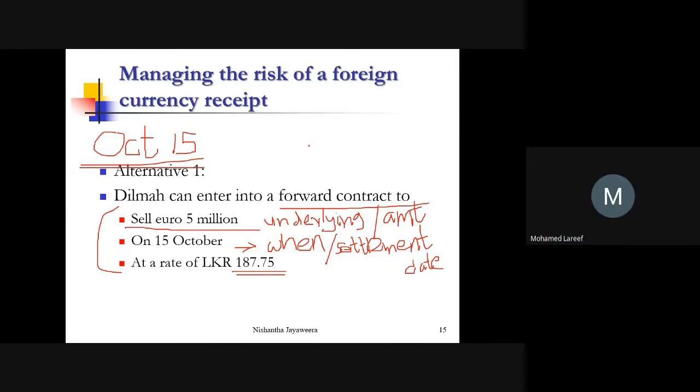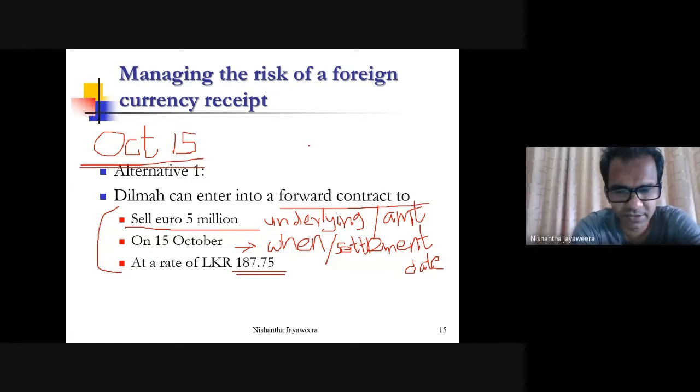So sell the euro and get the rupee. Yes, you don't have any other alternative because this is a binding contract. You have to meet this requirement.